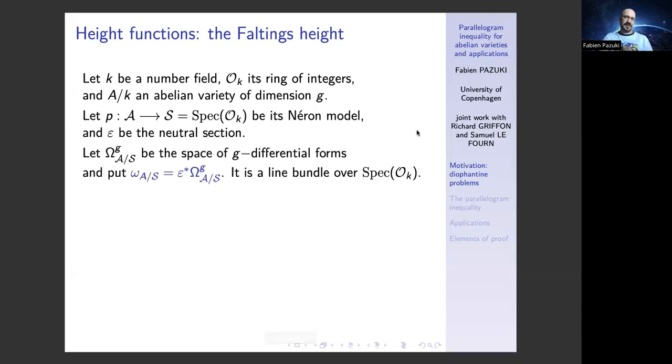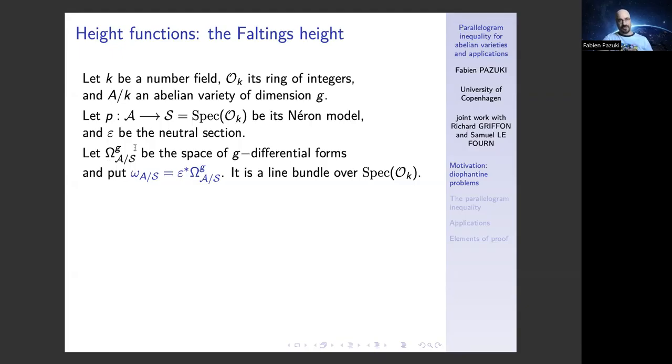And then on this scheme, you can define differentials, and you can take the determinant of the differential bundle on the scheme. That gives you this omega_{A/S} to the g, so the to the g is the determinant, if you want.